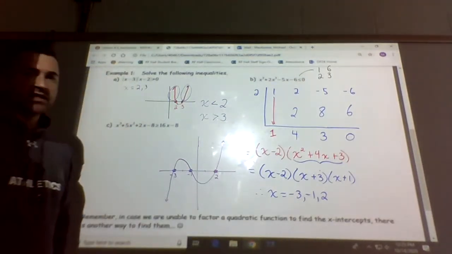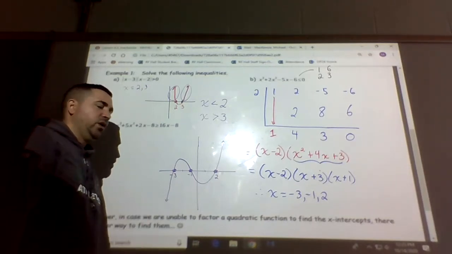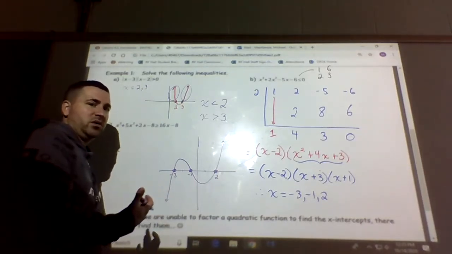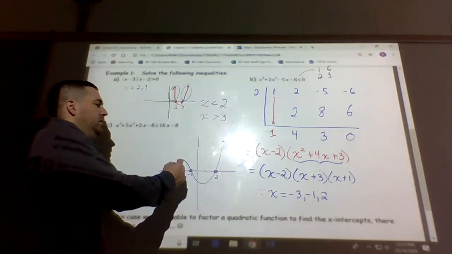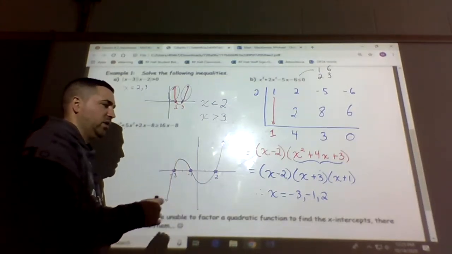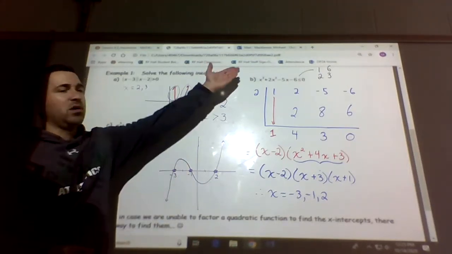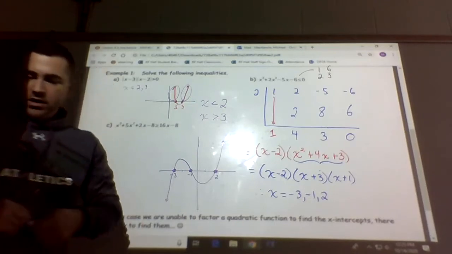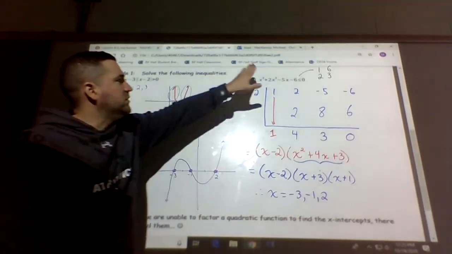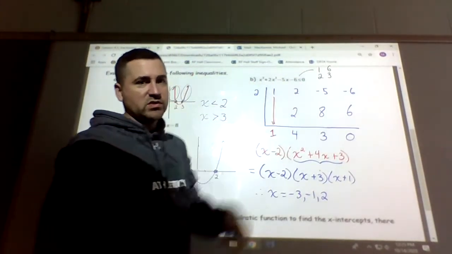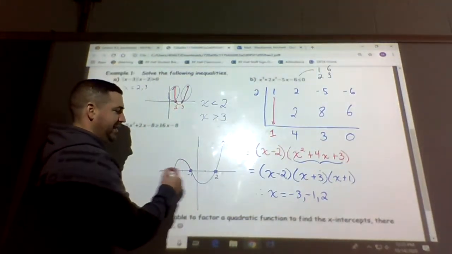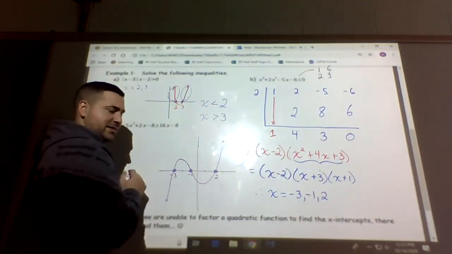It's just a rough sketch because we don't need to know exactly where these local maximums are. We just want to do a sketch so that we can answer our question. So again, the question is, what values of x are less than or equal to 0? So here, less than or equal to 0, 0 being the x-axis.